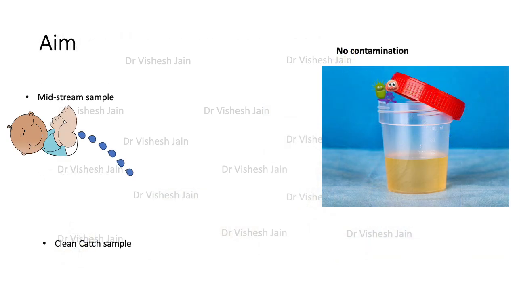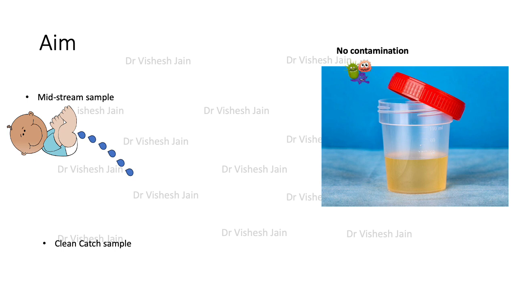The most important precaution while collecting the urine sample is to ensure that there is no entry of bacteria into the vial from any source except the urine. So how do we achieve it?